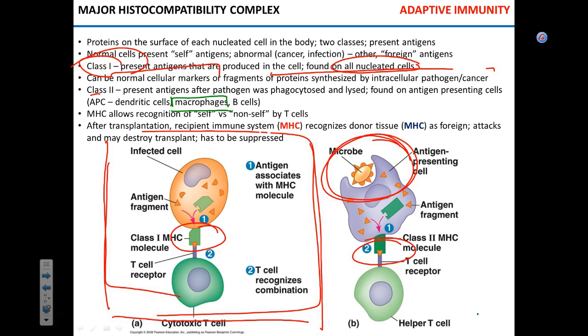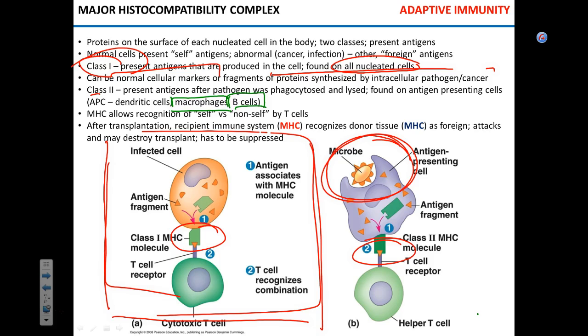And we've already talked about B cells. Turns out they can phagocytose as well, but for antigen presentation purposes only. They're not major phagocytic cells. Their function is not to phagocytose, it's slightly different.